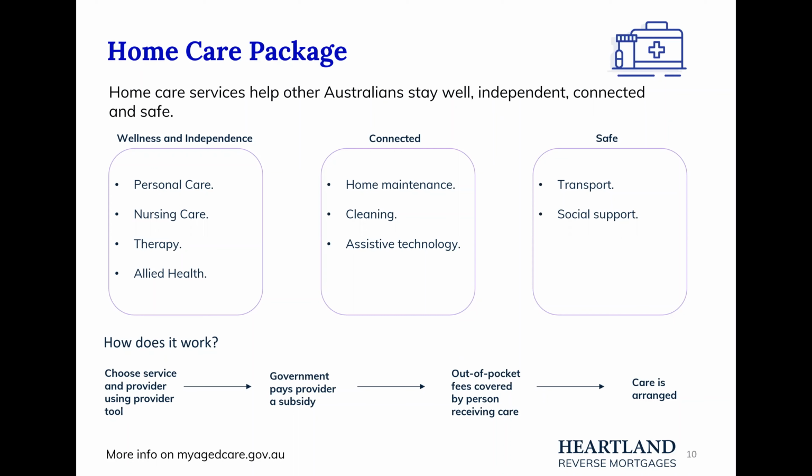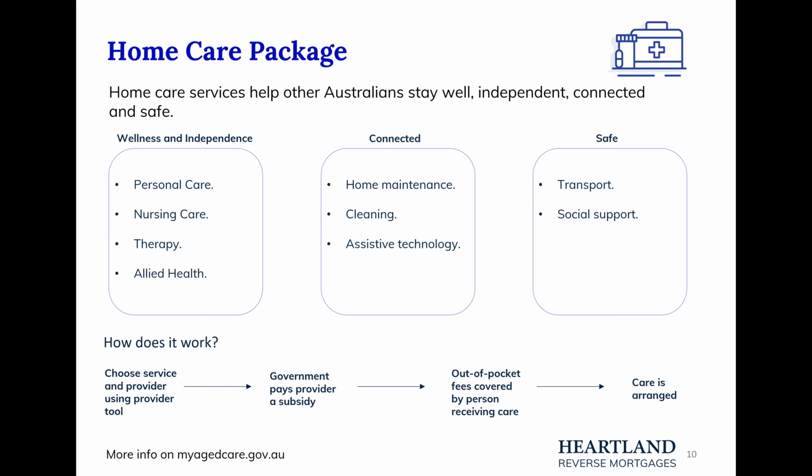So anyway, how does it work? Basically the senior will need to choose a service and a provider using the provider tool. It will come up with a number of providers maybe near their location, and then after carrying out the means test and whatnot, the government will pay the provider a subsidy, and any out-of-pocket fees will need to be covered by the person receiving care.